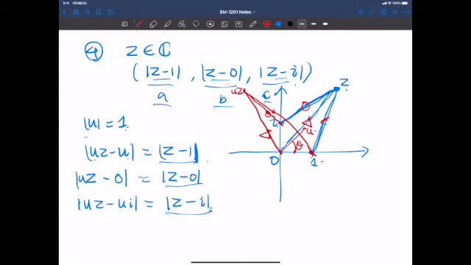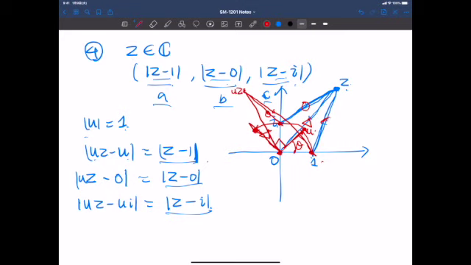So this point is rotated to somewhere here, and multiplication of U with i rotates U by a right angle. So this is mapped to here somewhere. And multiplication of 0 by any complex number doesn't change anything.